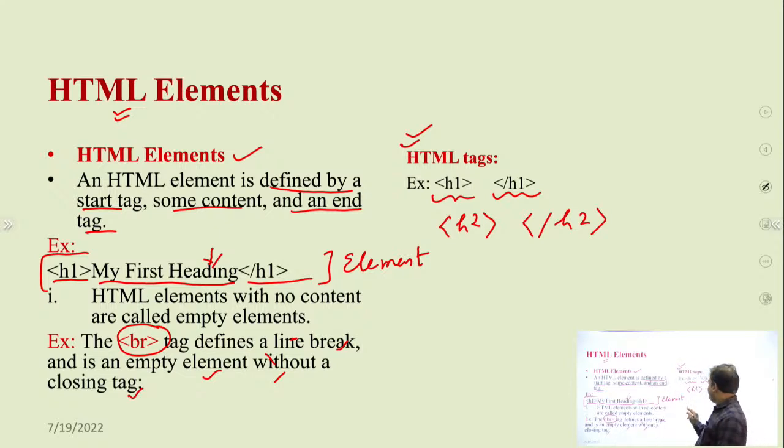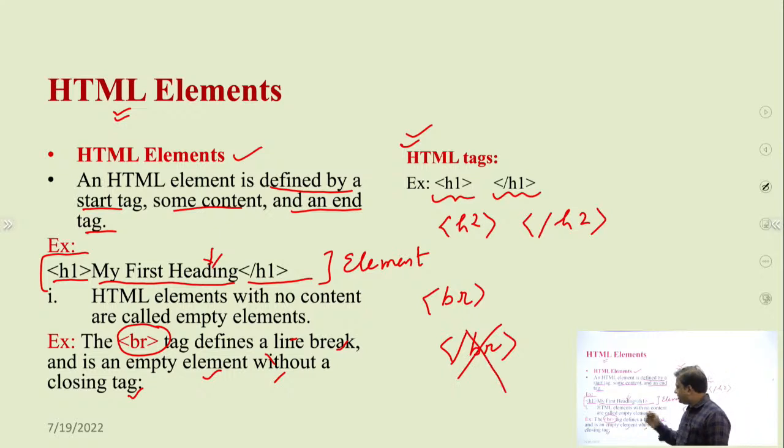That means if we are using the br tag, it will break the line, and we need not write the closing tag, it is not required here. So such tags are known as empty elements, right? So this is the minor difference between HTML elements and HTML tags.